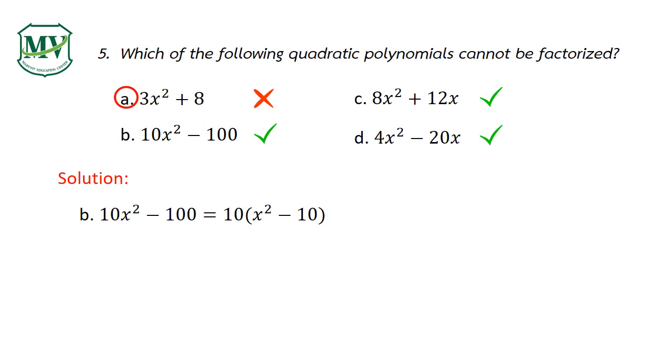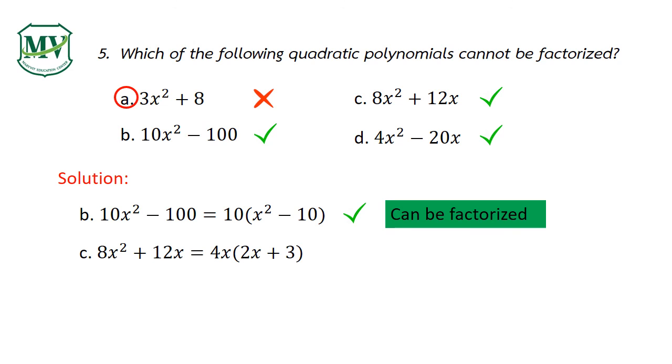So here is the solution. Letter B, 10x squared minus 100, can be factorized to 10 times the quantity of x squared minus 10. So it can be factorized. Letter C can be factorized to 4x times the quantity of 2x plus 3.